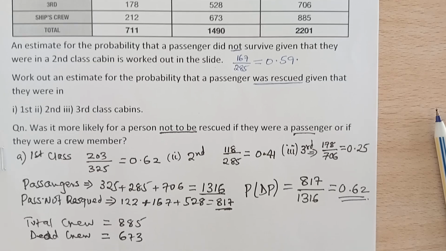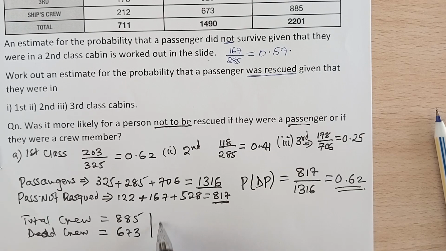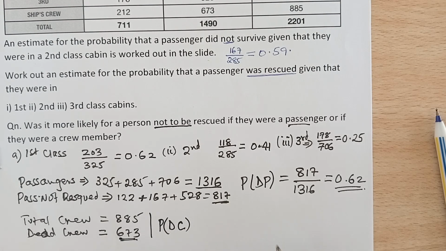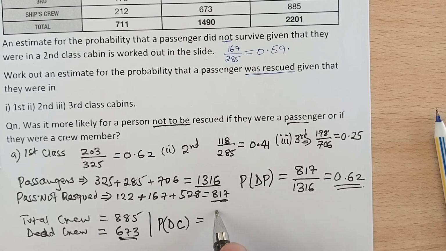So the probability of a dead crew is the number of dead crew, 673, out of the total number of crew on board, 885.